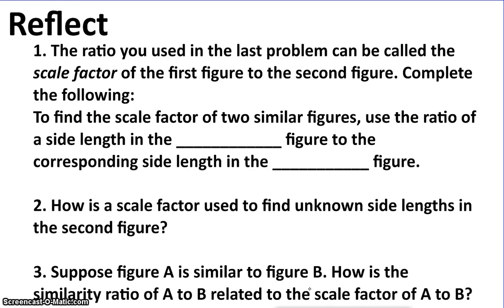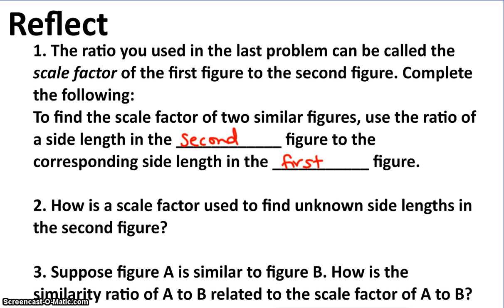Alright, now we can also call the similarity ratio a scale factor, because what's happening here is I took the first trapezoid and I gave it a scale factor and multiplied each side by 1.25. And the way that you would find the scale factor is you would take a side length from the second figure and divide it by the same corresponding side of the first figure, okay?